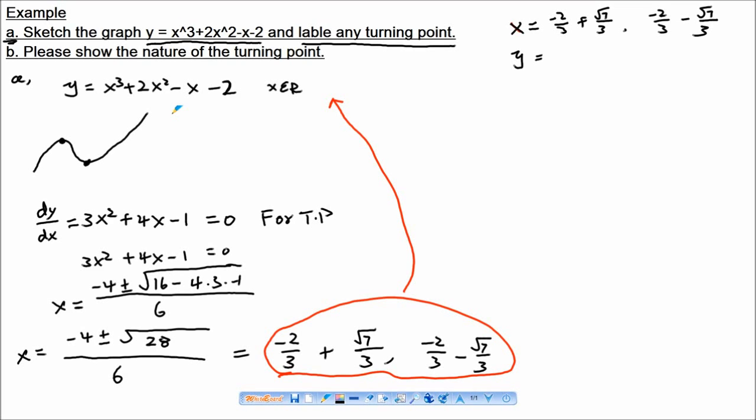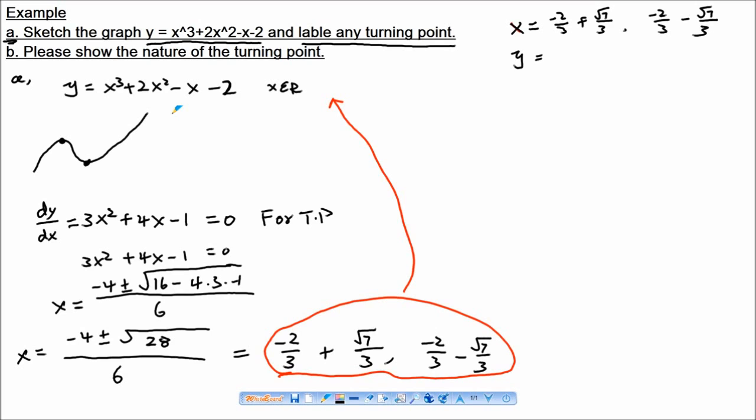Let me convert everything to decimal numbers for this question.